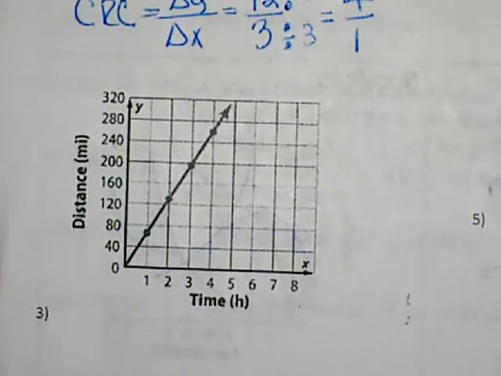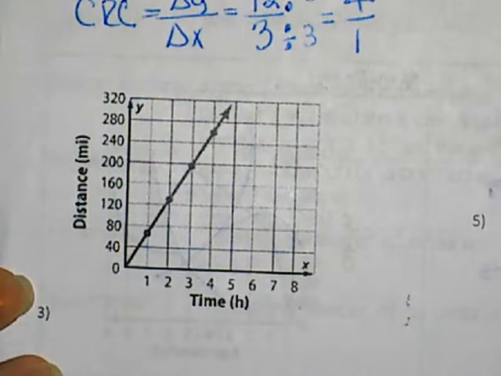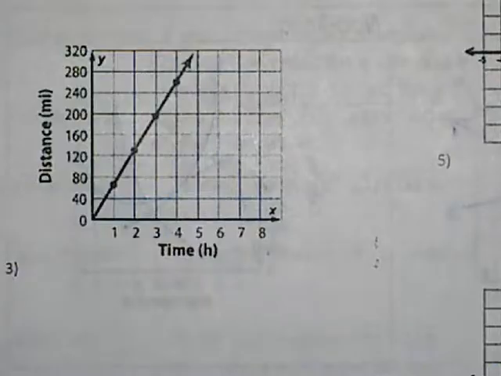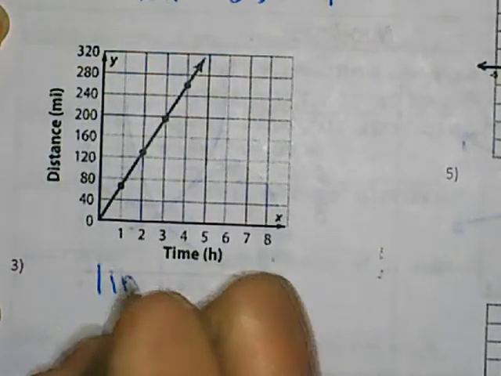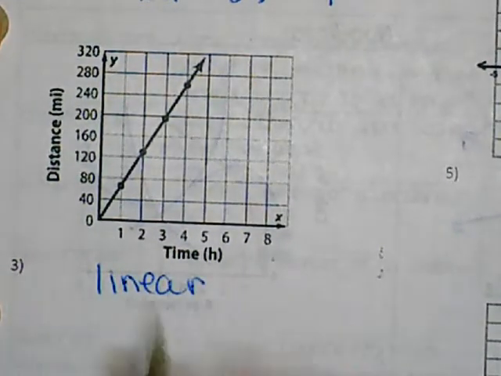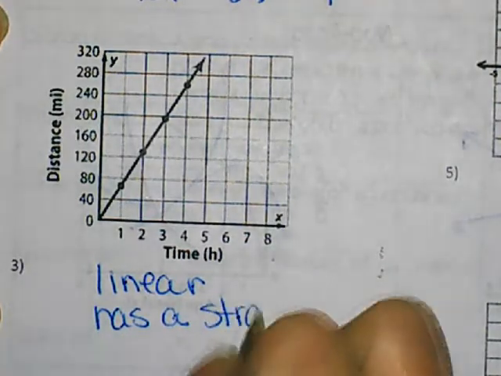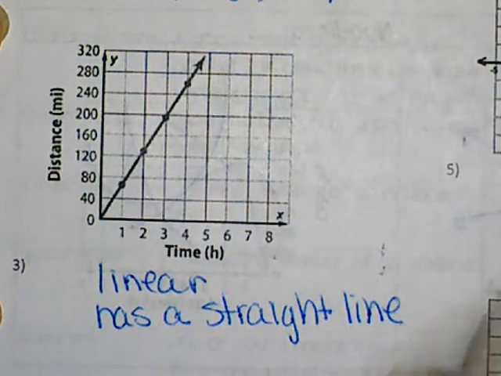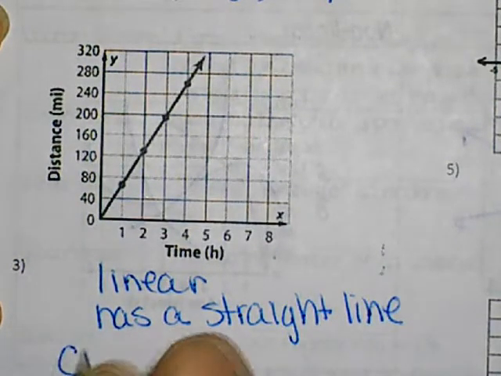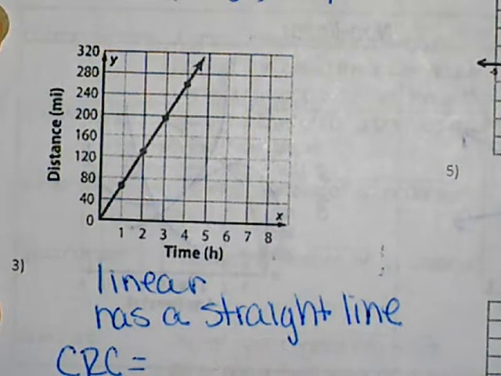Let's take a look at example number 3 in a graph. Number 3, as you can tell, it is a straight line, therefore it is linear. We still need to determine the constant rate of change.